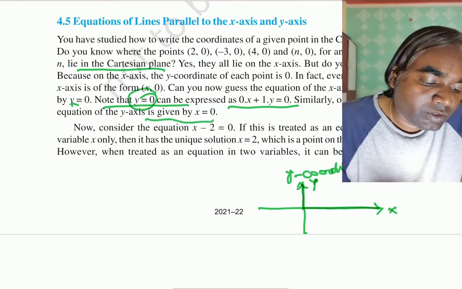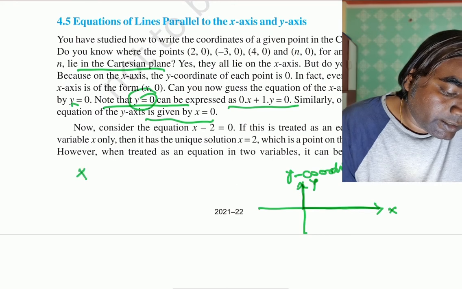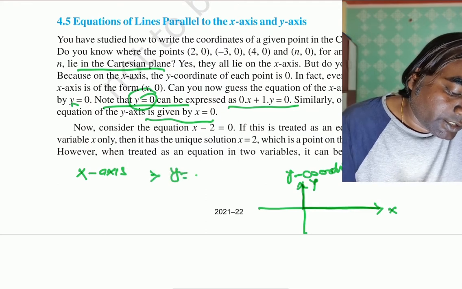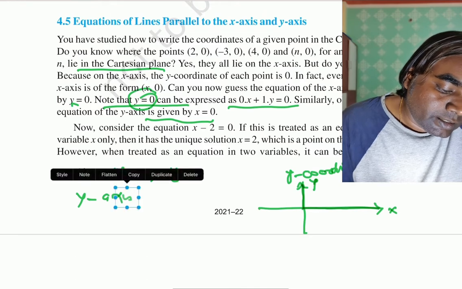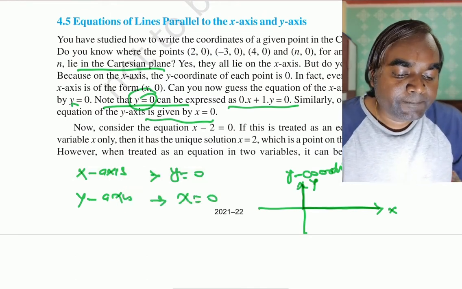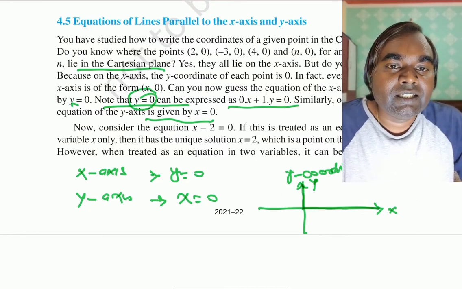So the equation of the x-axis is given by y is equal to 0, and the equation of the y-axis can be written as x is equal to 0. Okay. So when you are given that y is equal to 0 is a linear equation, what is its physical meaning?